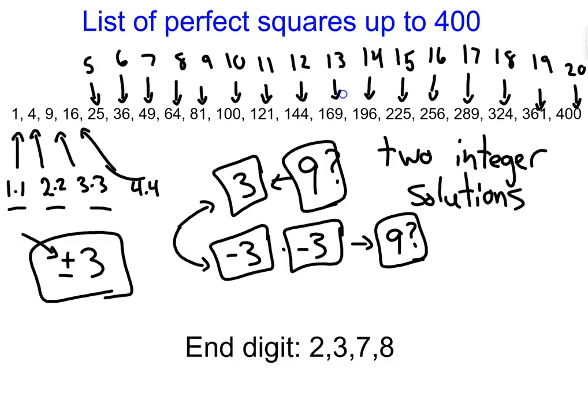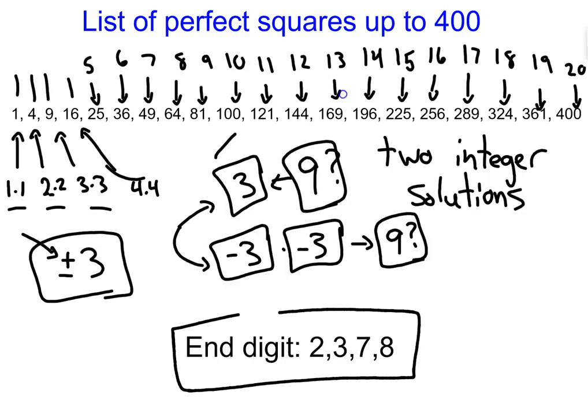In the future, you may be asked whether or not a number is a perfect square. If you look at the list of perfect squares up to 400, you may notice a pattern in that last digit: 1, 4, 9, 6, 5, and 0. There are no other last digits besides those numbers. So a really quick way to tell whether or not a number is not a perfect square is to check these digits.